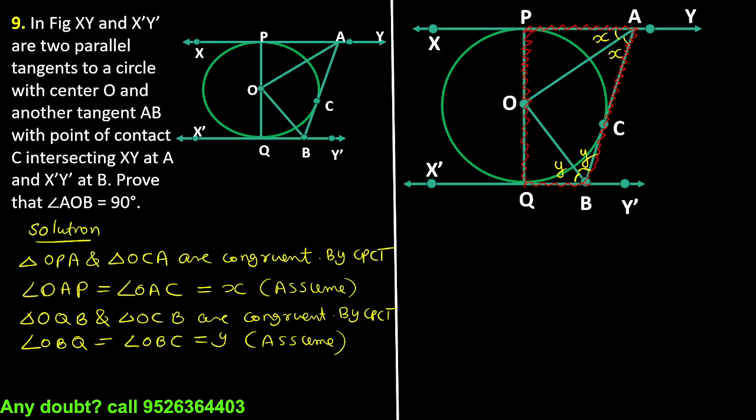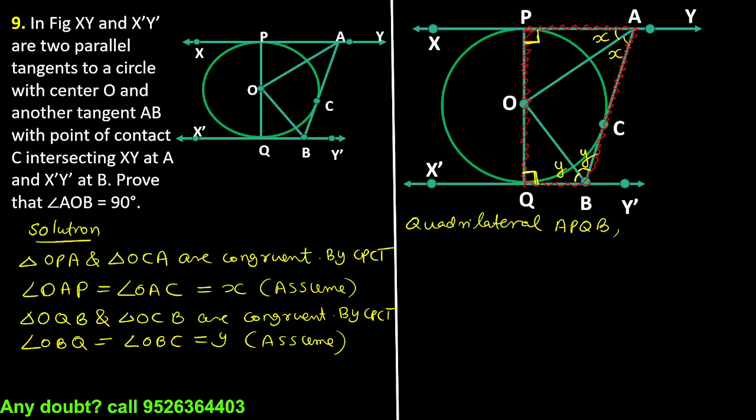APQB. Quadrilateral APQB. You know that in a quadrilateral, the sum of all angles will be 360. I told you that this angle is 90, this angle is 90. So the sum of four angles will be 360.